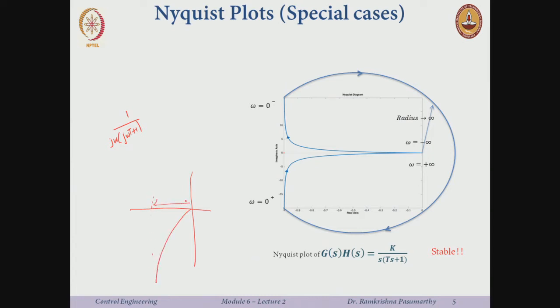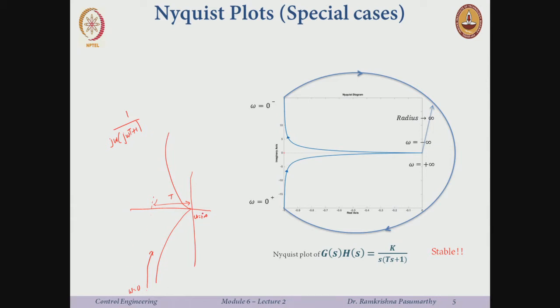At omega equal to 0, I start from somewhere here, I go here and all the way I come back at omega equal to plus infinity. Then for the Nyquist plot, I just take the negative frequencies as well, something like this. So this is how the plot will look. This is what MATLAB will tell you when you draw these plots, and we derived this last time.